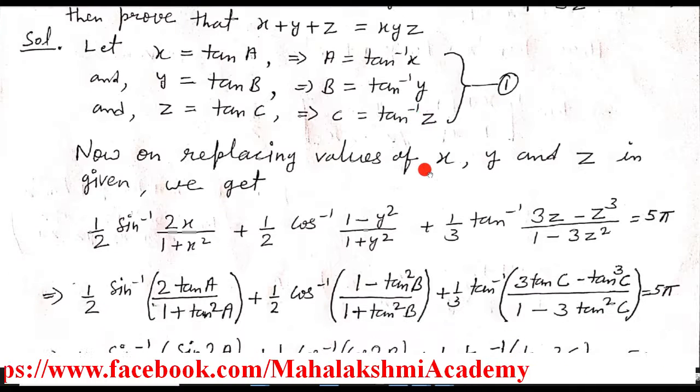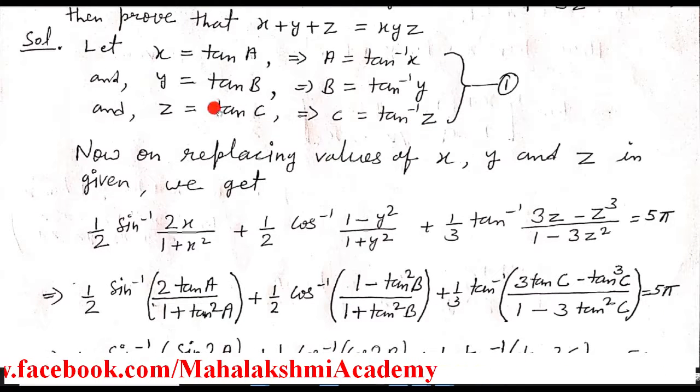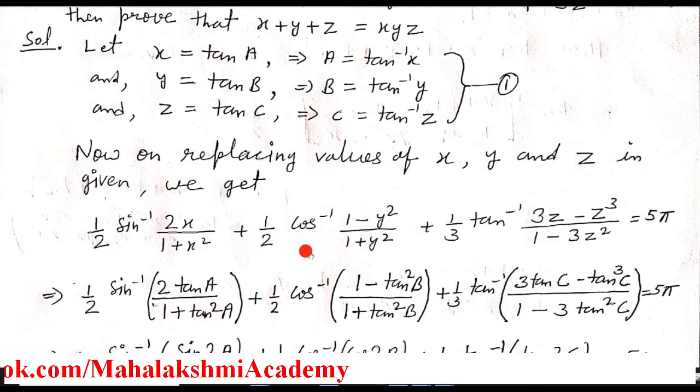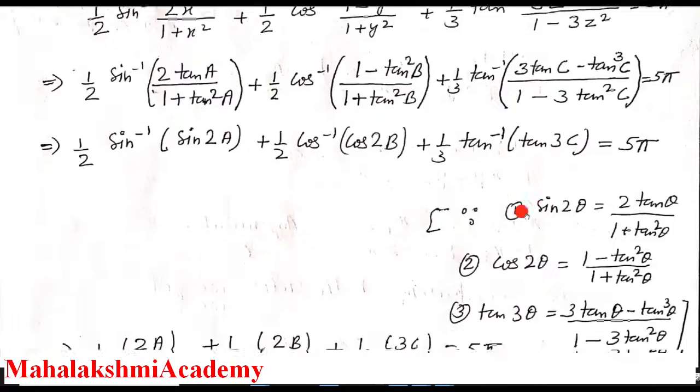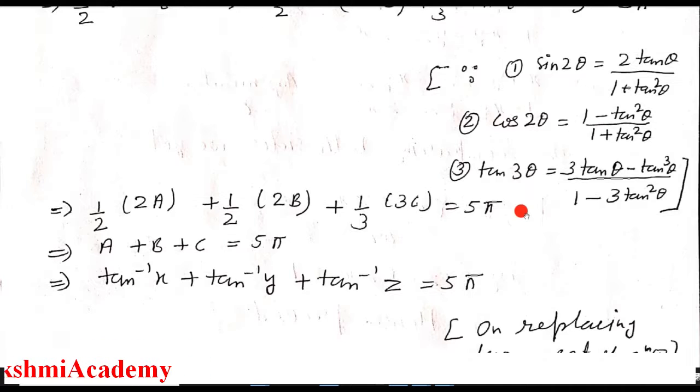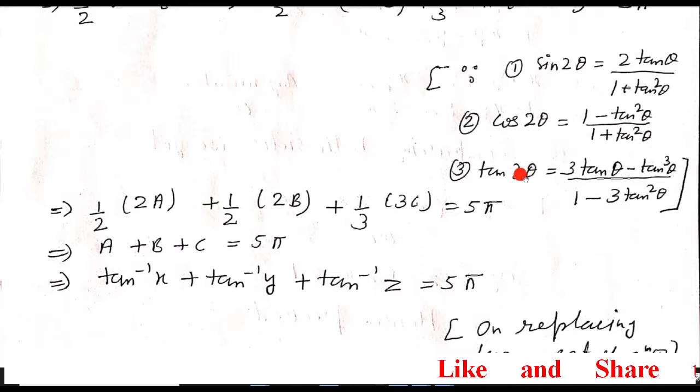Now students, why did we assume only in terms of tan? Because you can see here I wrote some formulas that I want to explain first. Sin 2 theta is in terms of tan, cos 2 theta is also in terms of tan, and tan 3 theta is also in terms of tan.